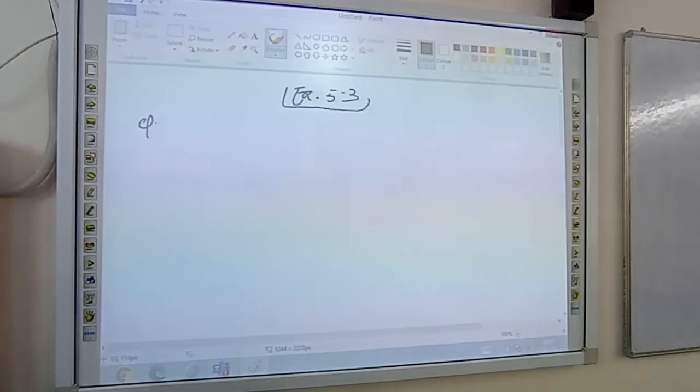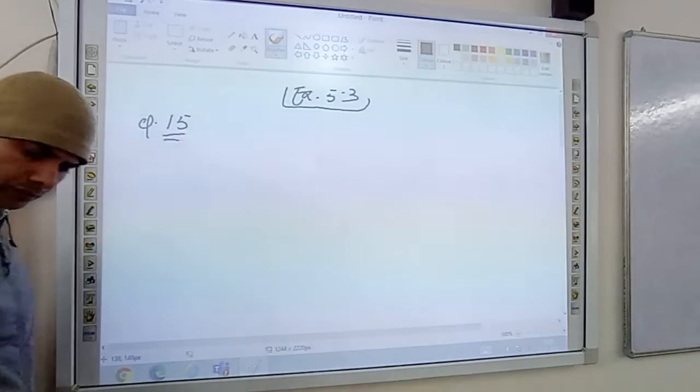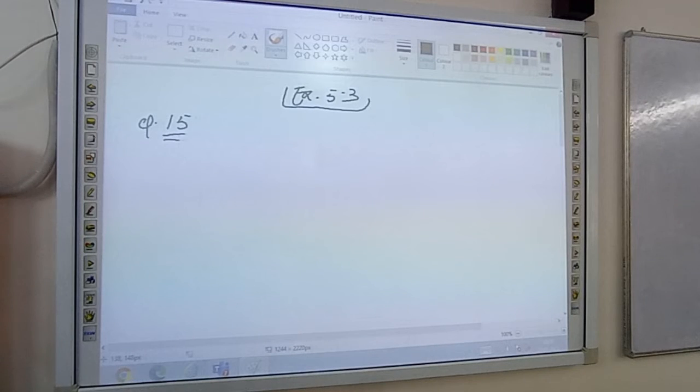Question number 15. A contract on construction job specifies a penalty for delay of completion beyond a certain date as follows: 200 rupees penalty for the first day, 250 for the second day, 300 rupees for the third day, and so on.